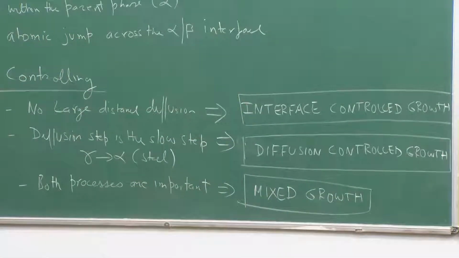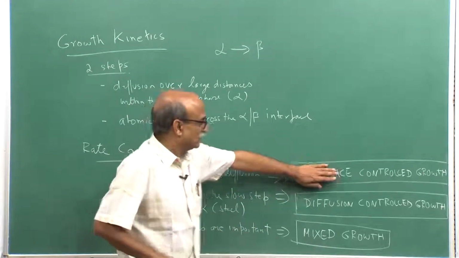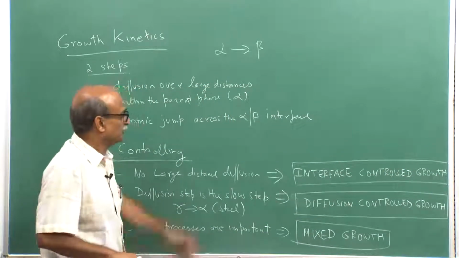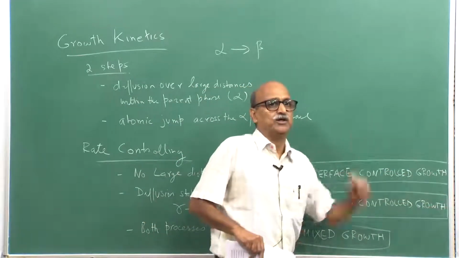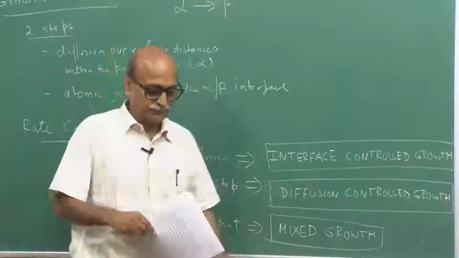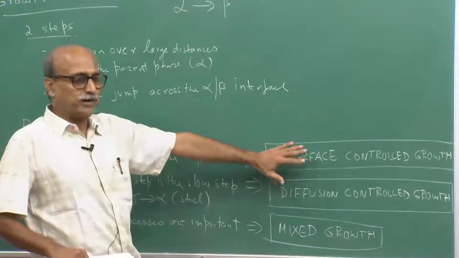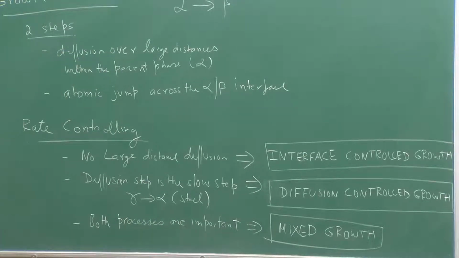Now, why is it important to understand growth like this? Because once we understand, let us say, that it is interface controlled growth, then we can work out the kinetics for such a process. If we know that it is diffusion controlled growth, then we can work out the kinetics, and in both cases the kinetics is going to be quite different. All of this we have already discussed in quite some detail, and I am quickly reviewing the growth kinetics that we have done in a number of lectures in part 1.